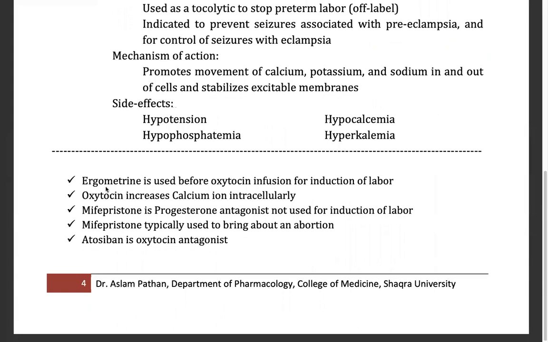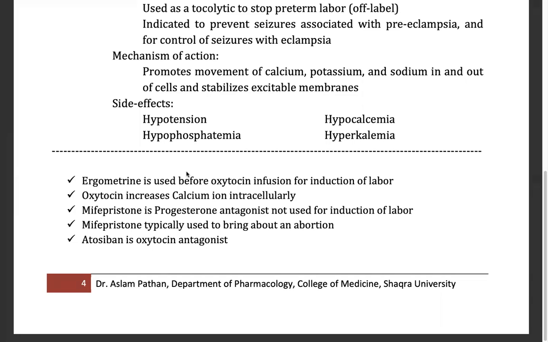So remember, ergometrin is used before oxytocin infusion for induction of labor. Why? It's very important. Ergometrin, or ergonovine, is used before oxytocin infusion for induction of labor because ergometrin acts via the alpha adrenergic receptor, which causes vasoconstriction.